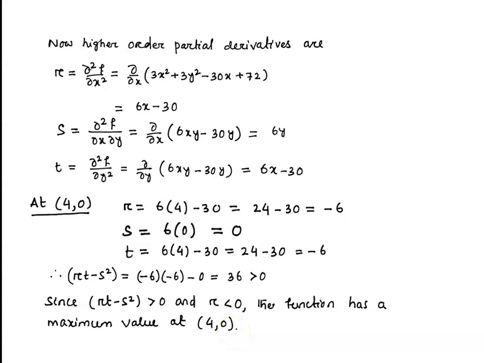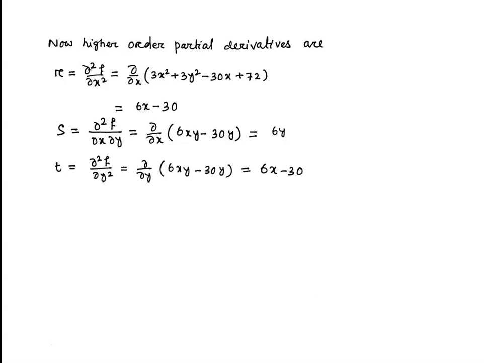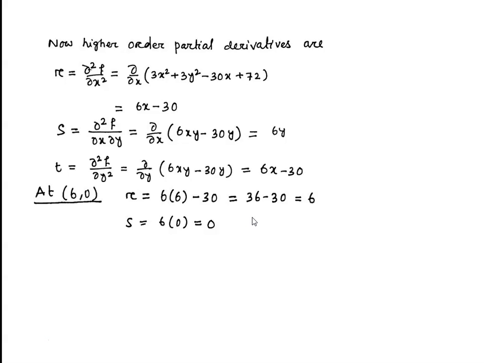Now let us evaluate r, s, t at other points. Now at the point (6, 0), the value of r is 6x minus 30. Our x is 6. 6 into 6 minus 30, which is 36 minus 30, which is 6. Our s is 6y. So here y is 0. So 6 into 0 is 0. Our t is 6x minus 30. And here our x is 6.